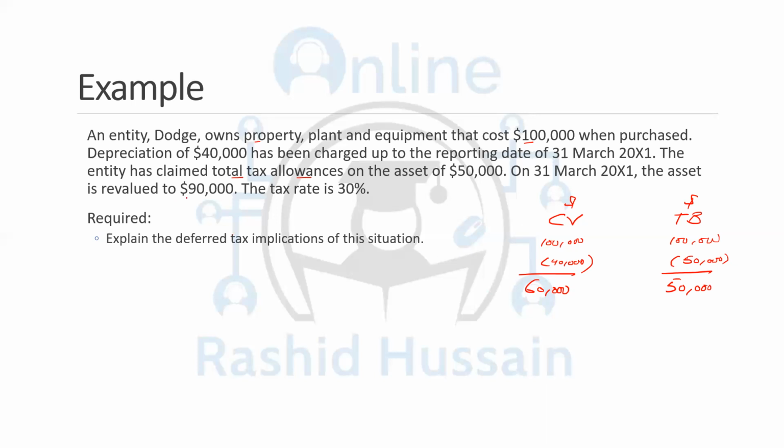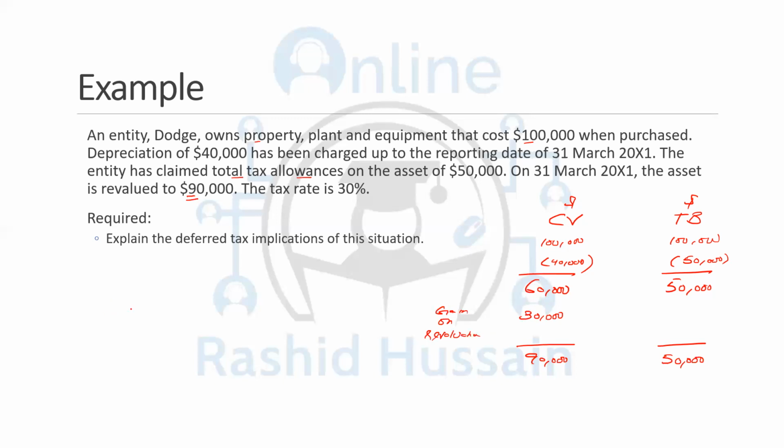The asset is revalued to $90,000. So that means the carrying amount should be increased to 90,000 and the tax base remains the same, which is 50,000. This 30,000 is the gain on revaluation.